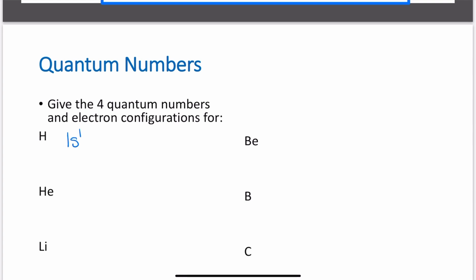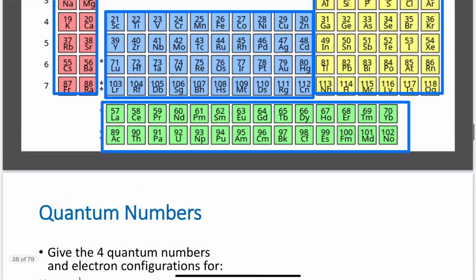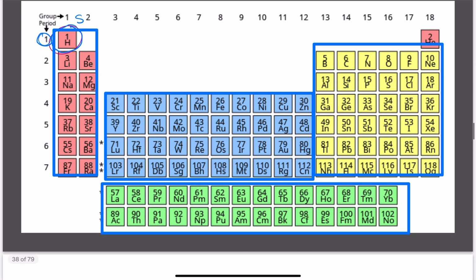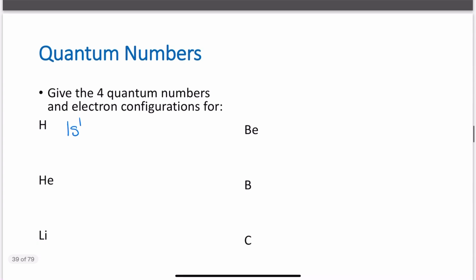I'm in the s block, and I have counted one space, hence one electron, to reach that space. Hydrogen 1s1 is the electron configuration for it. By saying 1s1, I'm saying first energy level, s block, and one space here. I have described where the electron resides for hydrogen.